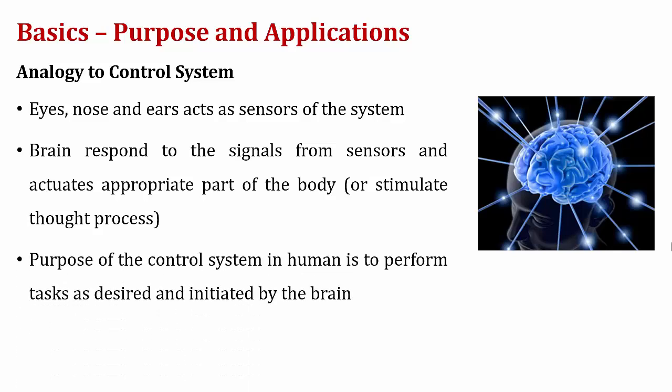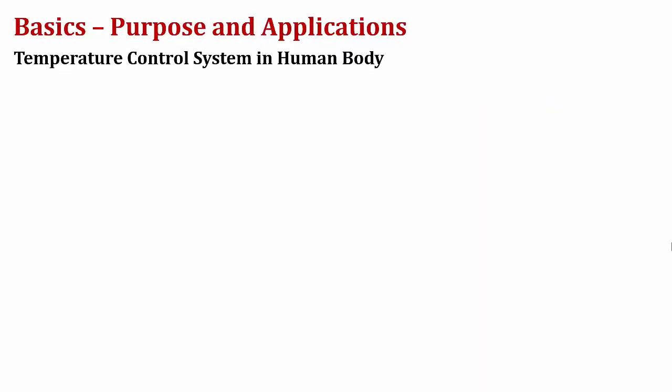So the purpose of control system in humans is to perform the task as desired and initiated by the brain. As I mentioned earlier, our human body is the perfect, intelligent control system.